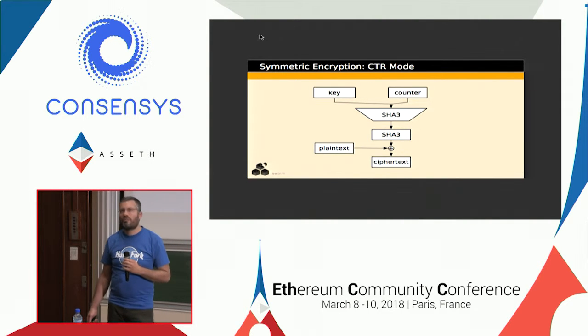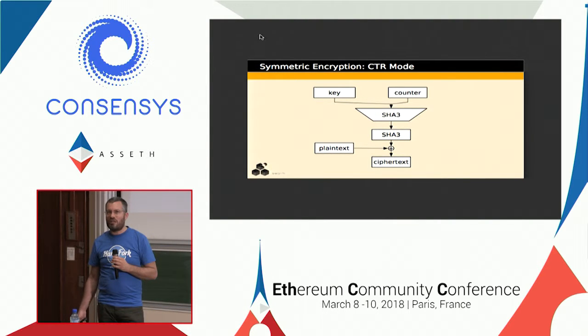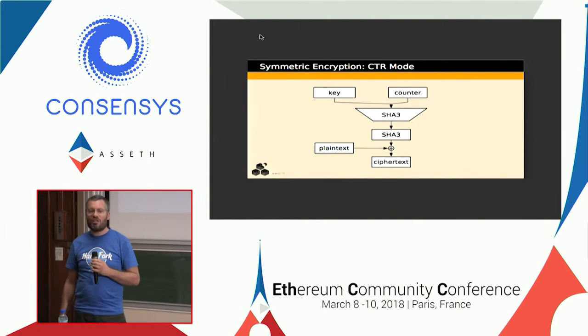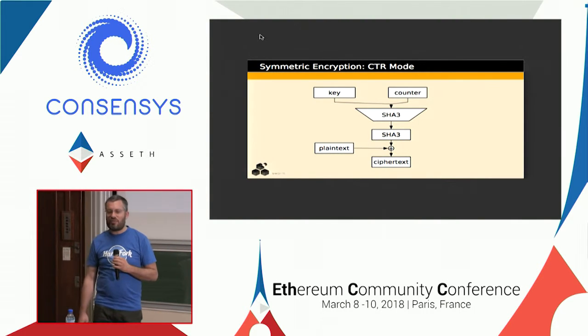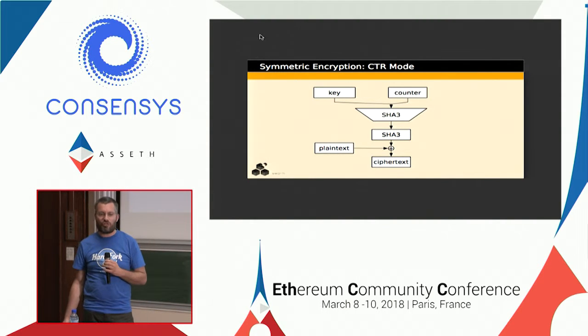First of all, SHA-3 is already used in Ethereum for identifying all kinds of things. So the block hash is in SHA-3. The links inside the state trie are SHA-3. And also in Swarm, the references that we use are also SHA-3.